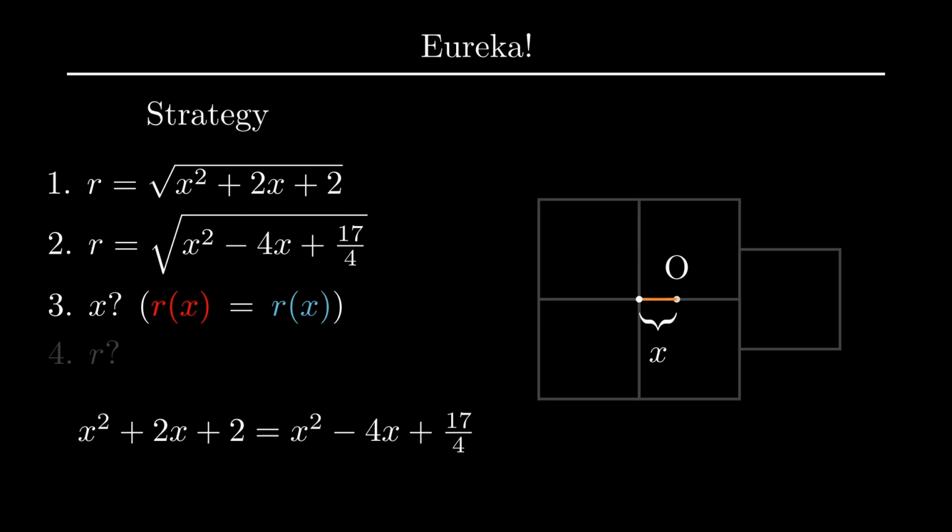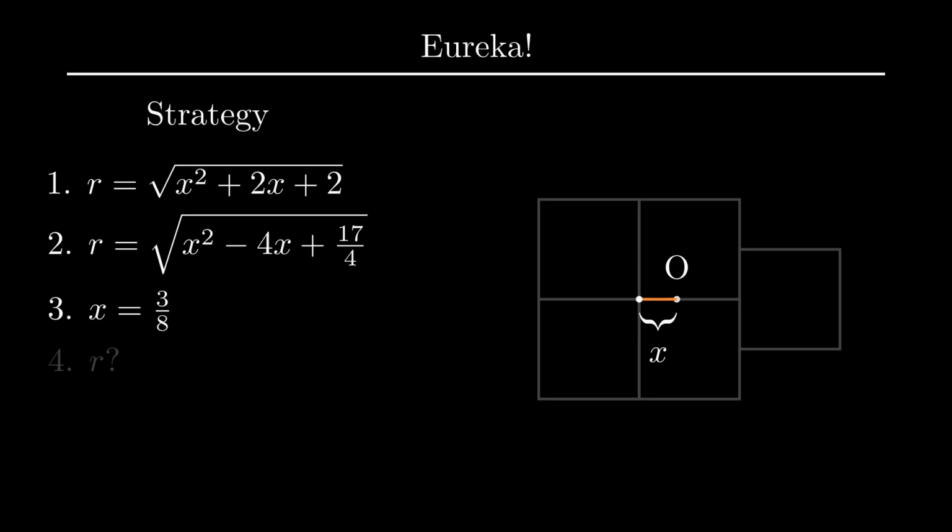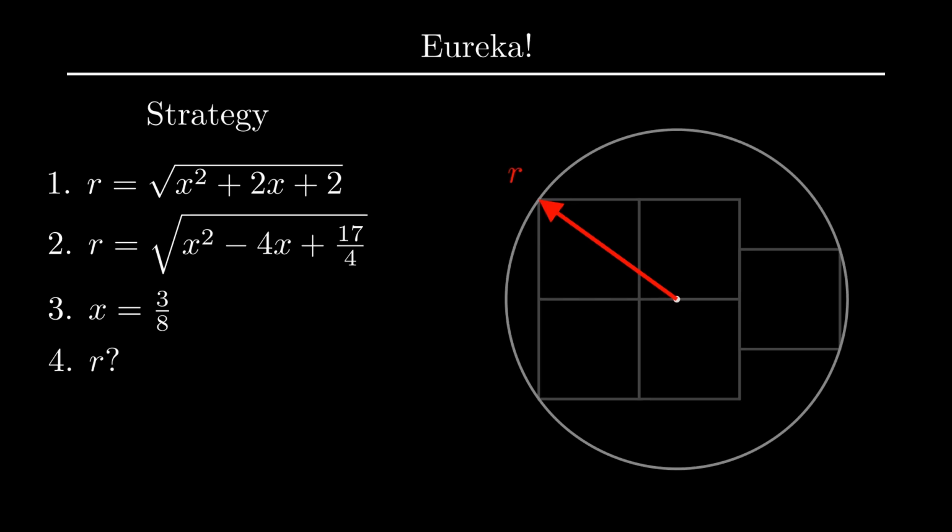We square both sides of the equation, remove the terms in x squared which cancel out, and, after simplification, obtain the value of x, 3/8. Our last task consists in replacing x with its value. For example, in the first equation of r, we obtain the value we are looking for, r equals the square root of 185 over 8.